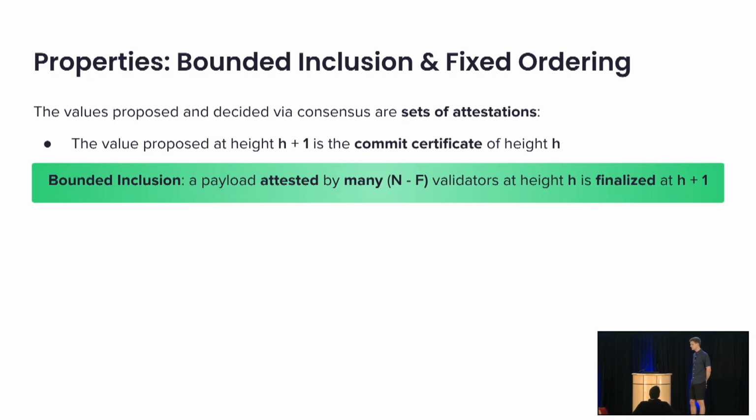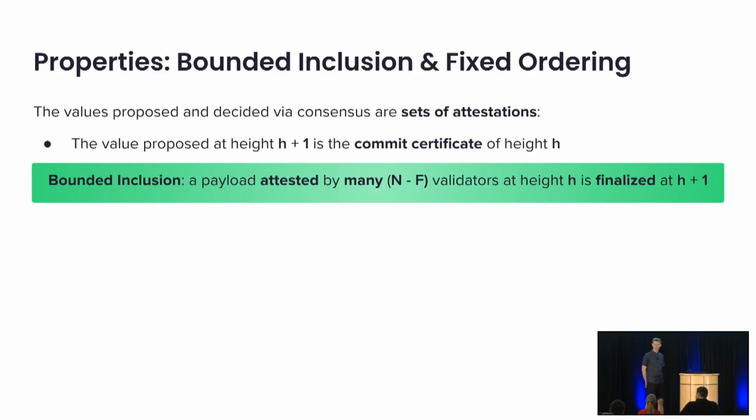So the properties that we get from this construction of AMP are first and foremost bounded inclusion. This is our term for censorship resistance. So the values that get proposed and decided in the consensus process are these sets of attestations, really the sets of vote extensions.